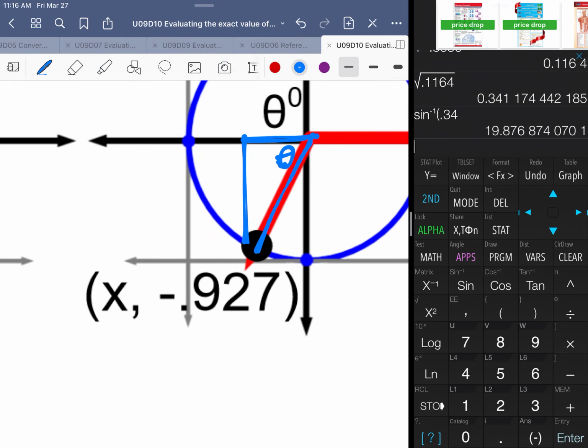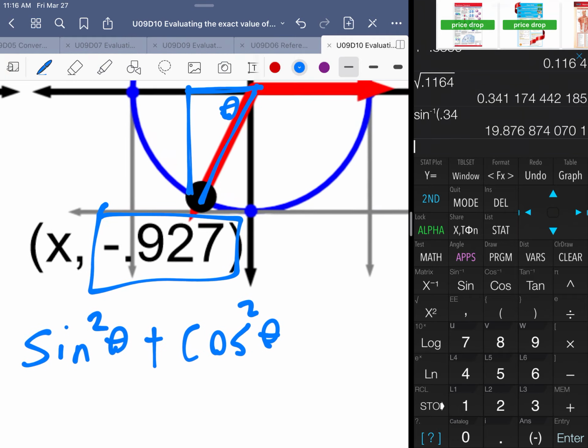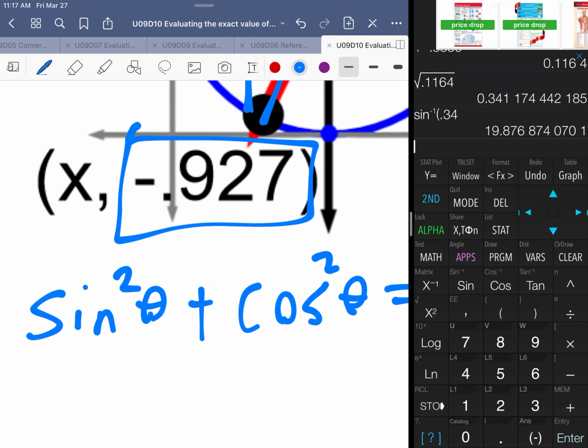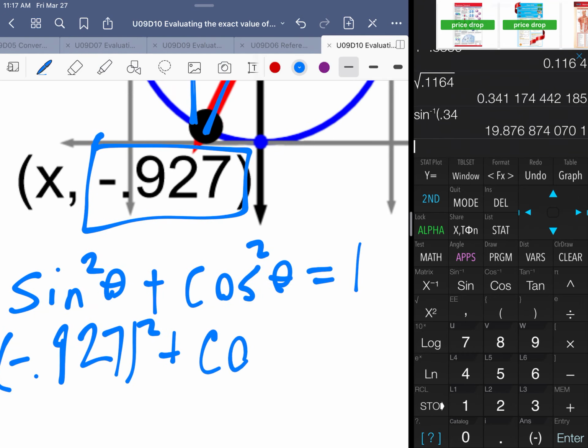So we know the y value, and the y value is sine, so if we're starting with the Pythagorean identity, it's sine square theta plus cosine square theta equals 1. Y is sine. So sine is going to be replaced with negative 0.927 squared plus cosine square theta equals 1.